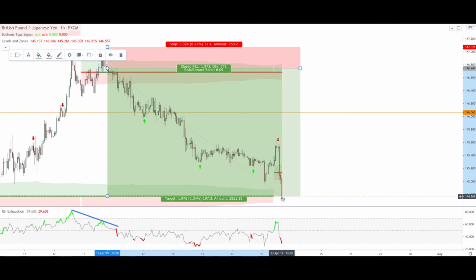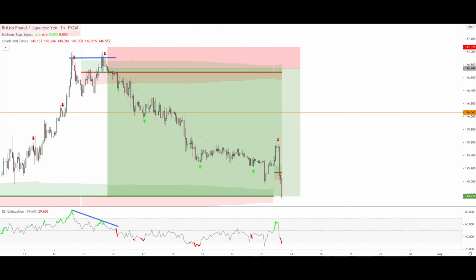So we are now out of a trade with a 6x return, which is absolutely excellent, because it's well above our average. These kinds of trades don't happen frequently. They happen consistently, but not just daily. So it's great to see this kind of trade happening on a consistent basis.